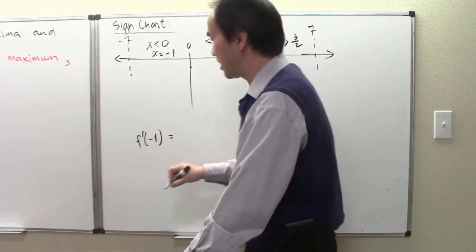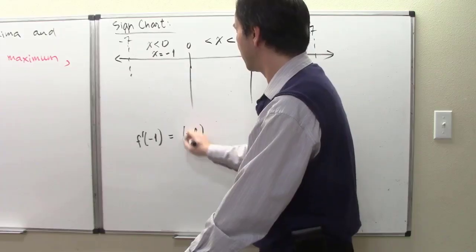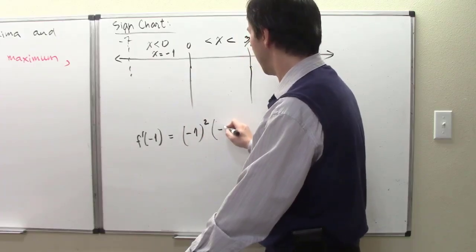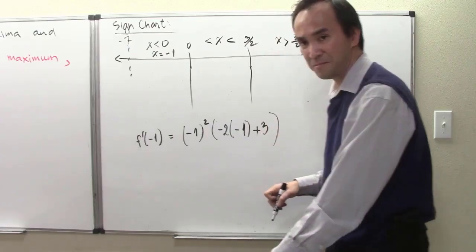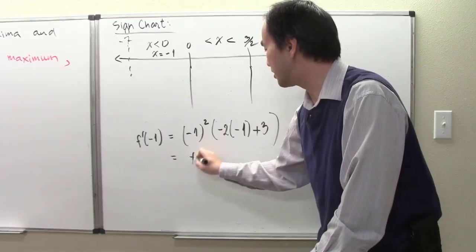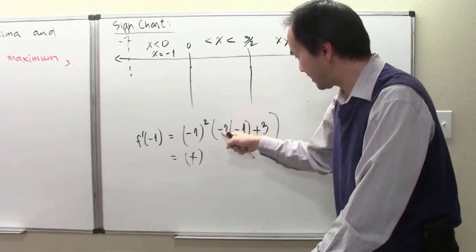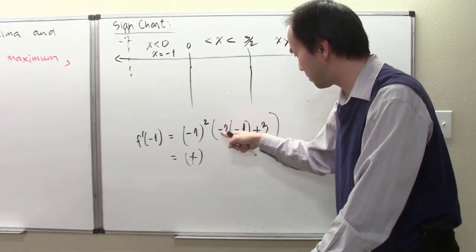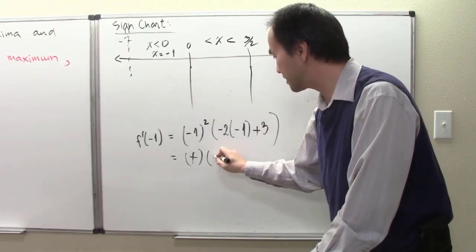So the factor form was -1 all squared times -2 times -1 plus 3. We good with that? That square easily comes out positive, because any square is going to make it positive. Then -2 times -1 is a positive 2, plus 3, making it another positive.